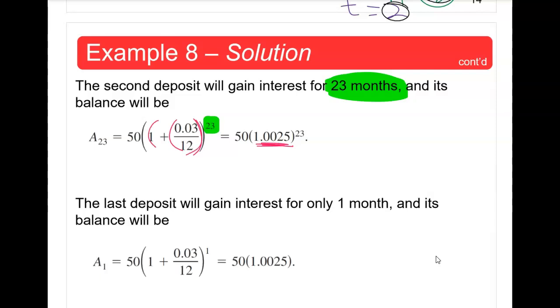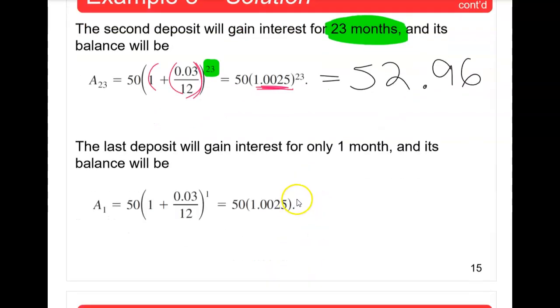And after that, you raise that number to the power of 23 in this case. And then after that, you multiply by 50. You have to follow the order of operations. And that will give us 52.96 if we round to the nearest cent.